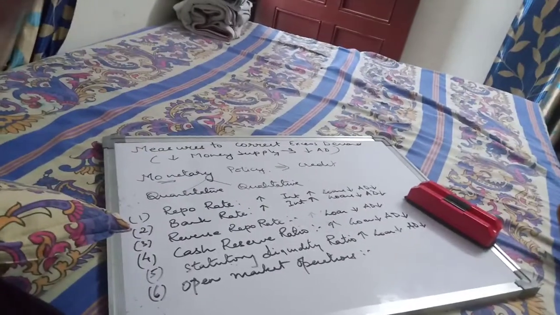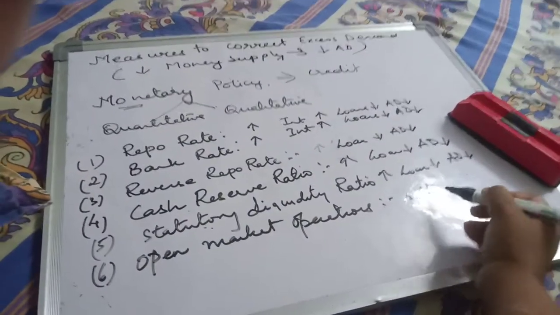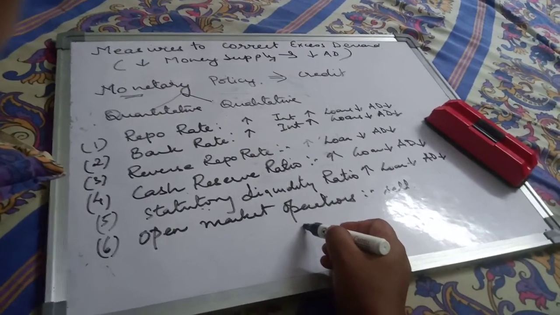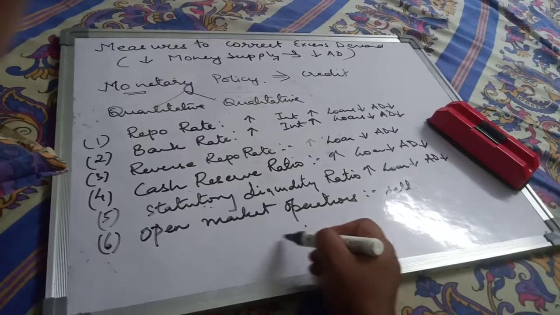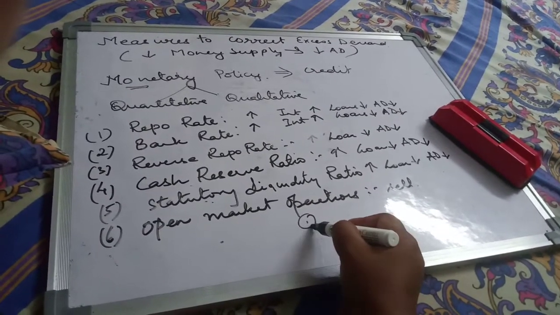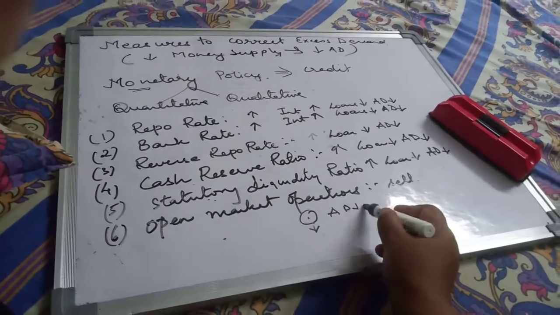So what should be done in open market, buying or selling? Central bank should sell government securities. So what will happen? Government securities will go to the public and money will go to the central bank. So the money in hand of the public will fall. Therefore, aggregate demand will fall.